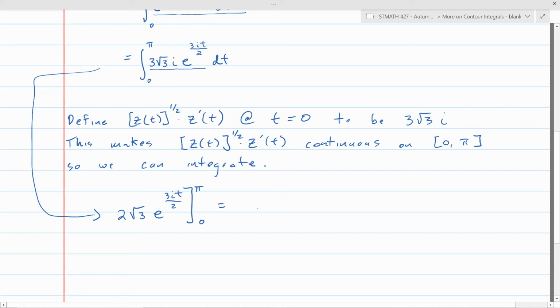And then when you plug in pi, you're going to get e^(3 pi i/2), which just comes out to negative i. So you'd get 2 square root of 3 times negative i minus, when you plug in 0, you get 1.